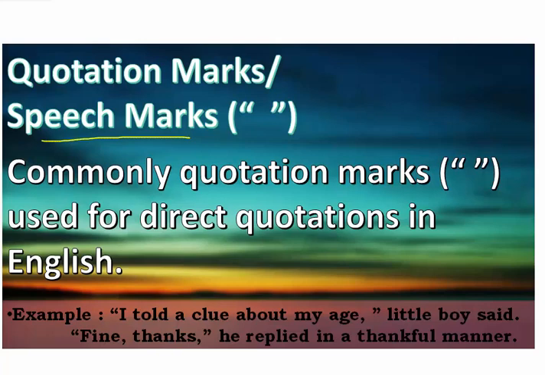Now, let's see the first example. "I told a clue about my age," the little boy said. What did the little boy say? "I told a clue about my age." This is what the little boy said, in quotation marks or speech marks.